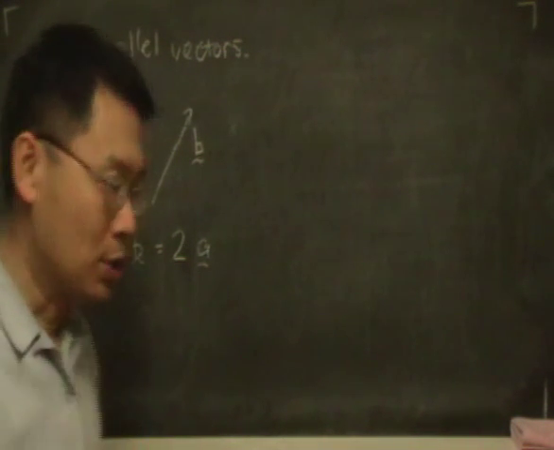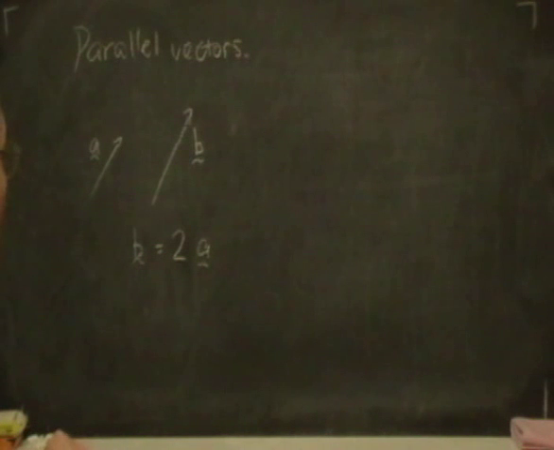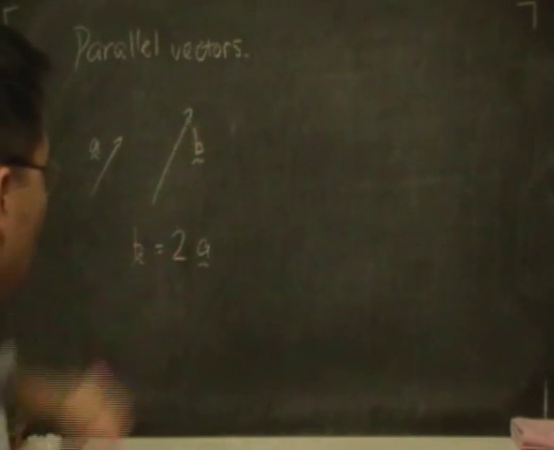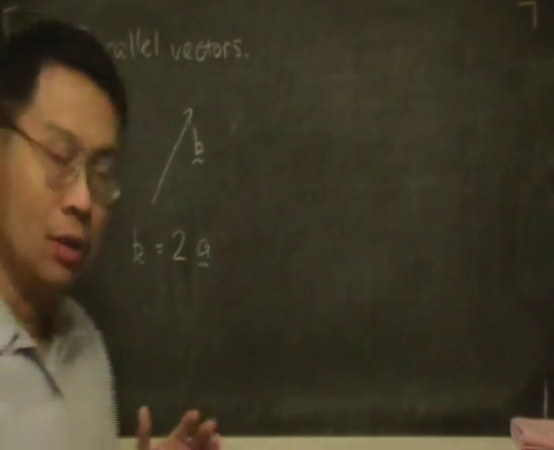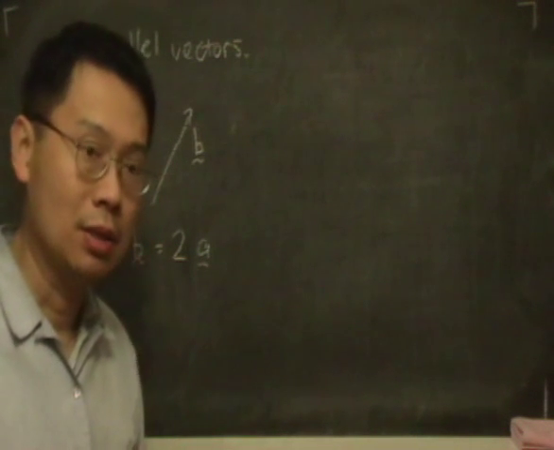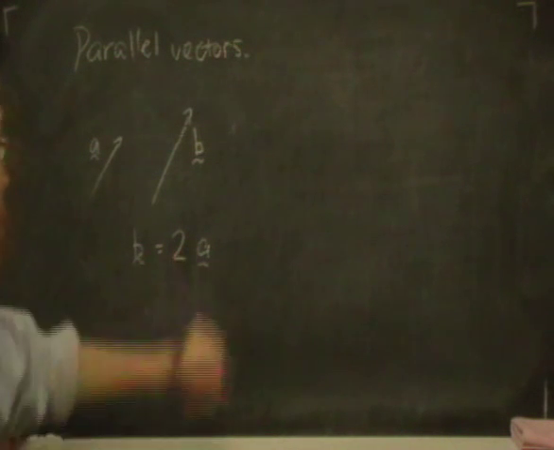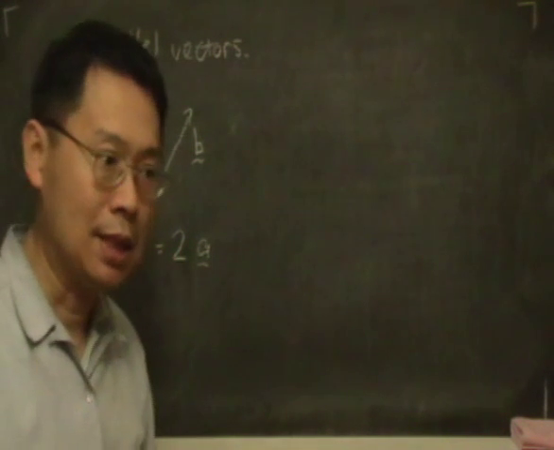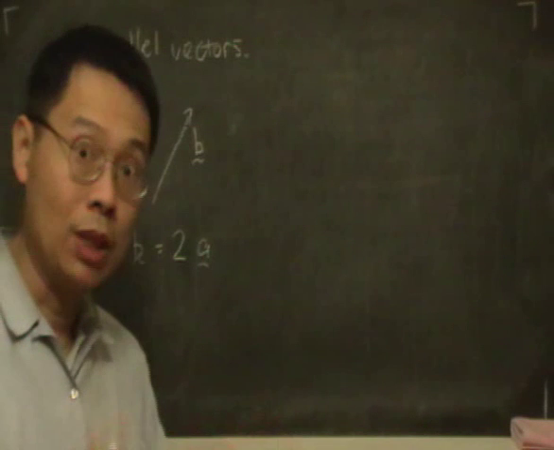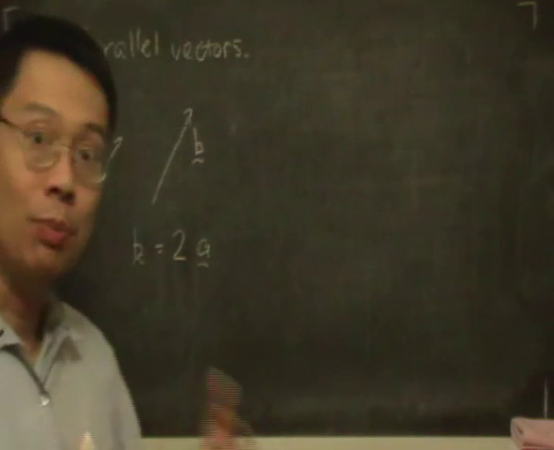Now, there is another way to think about this relation. I can also say that this vector B depends on A, in the sense that B is equal to twice of A. So in that sense, we can think of this relation as a kind of dependence.